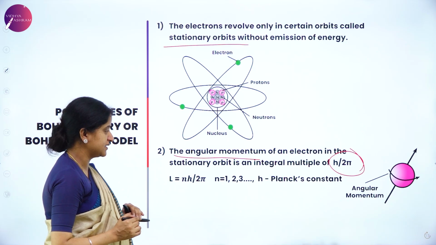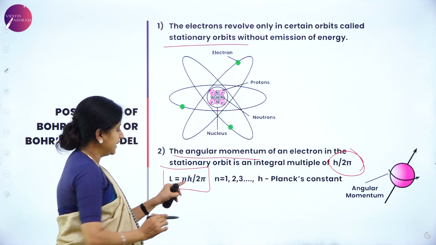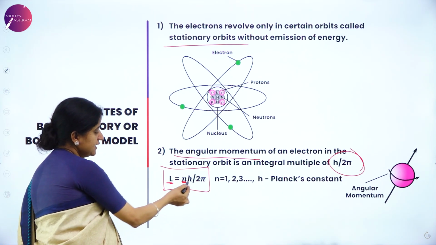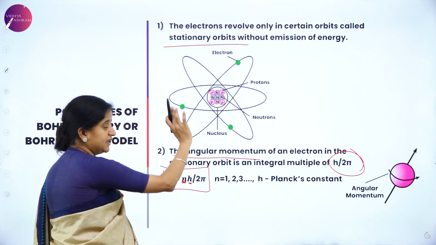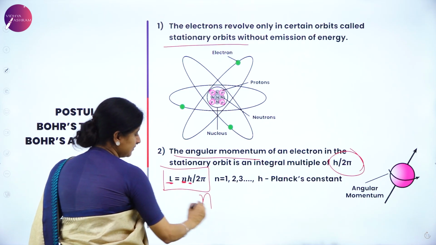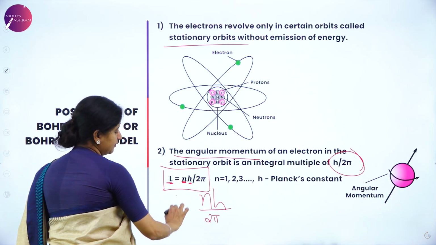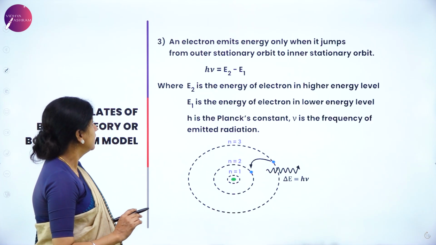It's Planck's constant. So it is given by L is equal to nh by 2 pi, where L is the angular momentum, n is an integer, h is Planck's constant. So the angular momentum of each electron in the stationary orbit is an integral multiple of h by 2 pi. Angular momentum is denoted by L. This is the second postulate given by Niels Bohr.